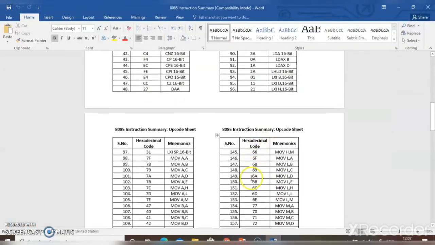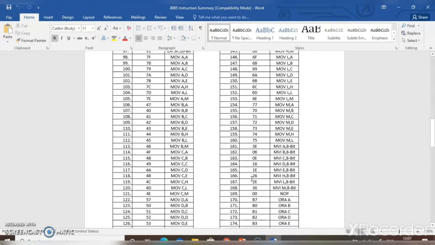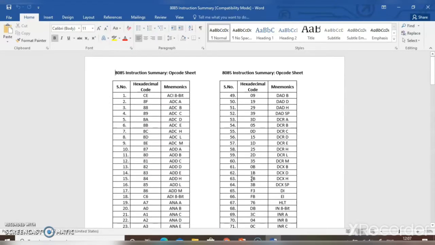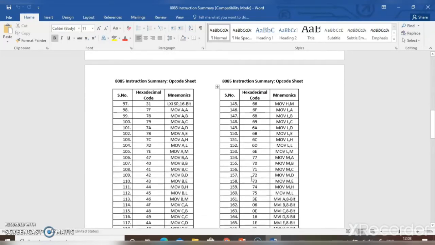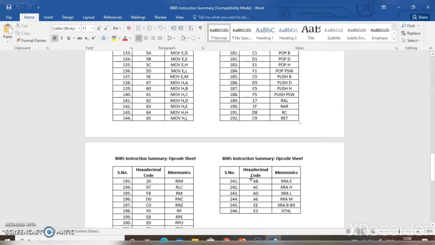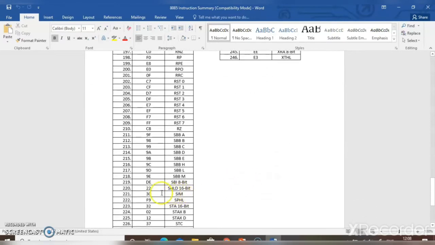So for SHLD 16-bit address, see here. So this is the example for direct addressing mode. For SHLD 16-bit address, the corresponding hexadecimal code is 22.